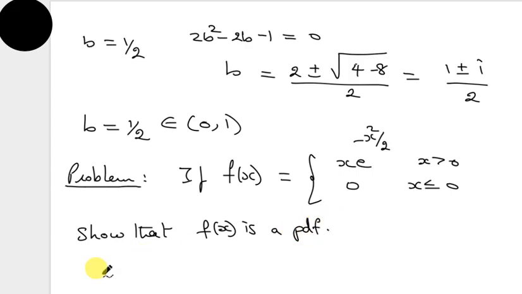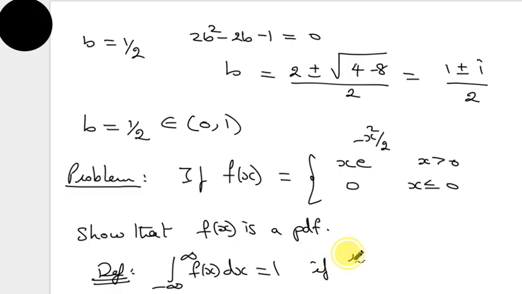What do I know? By definition, what does the definition say? Integral from minus infinity to infinity of f of x dx equals 1 if f of x is the probability density function of the random variable x. We just have to check this out.